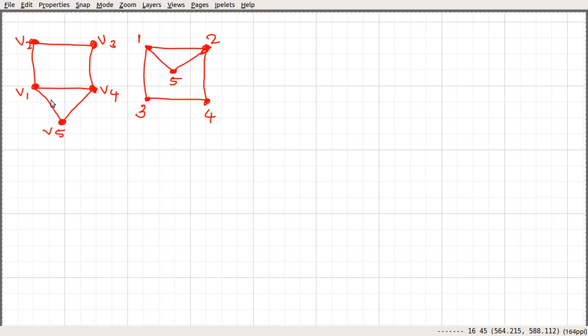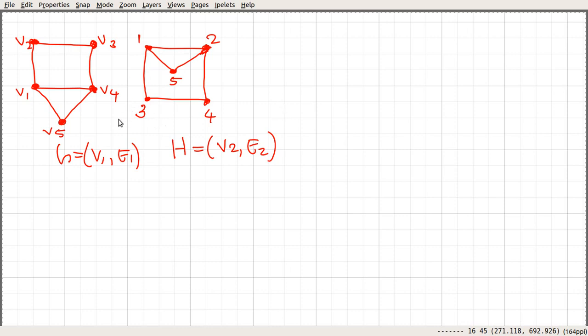So let's show that these two graphs are isomorphic. Let me call this graph G and this graph H. Suppose that this graph is (V1, E1) and this is (V2, E2). Here the vertex set of G is V1, V2, V3, V4 and V5, and the vertex set of H is 1, 2, 3, 4, 5, and the edges are these arcs.